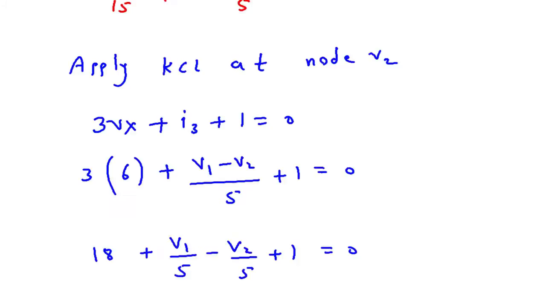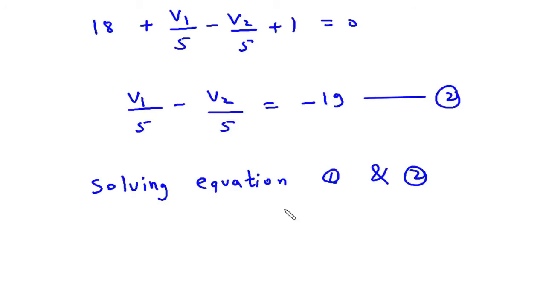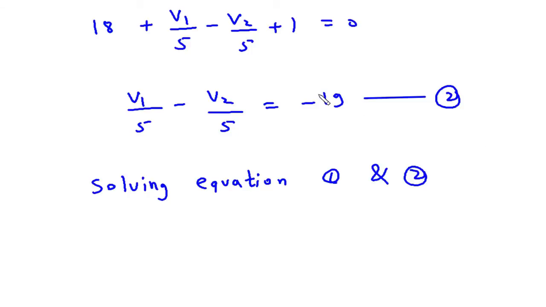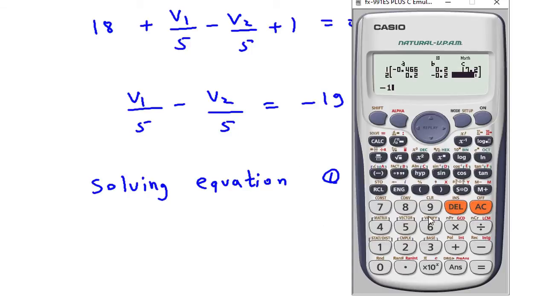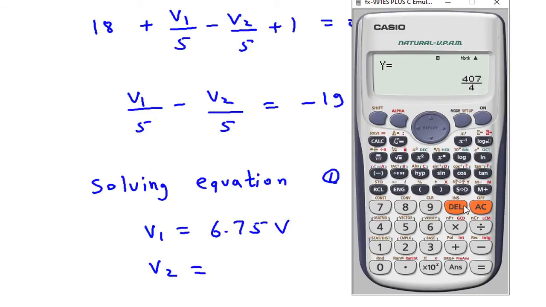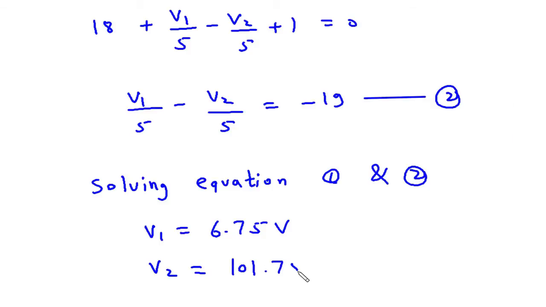Now from equation 2, this will be 1 by 5, minus 1 by 5, is equal to minus 19. So V1 is equal to 6.75 volt and V2 is equal to 101.75 volt.